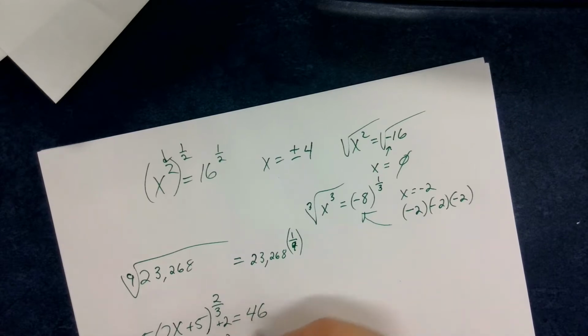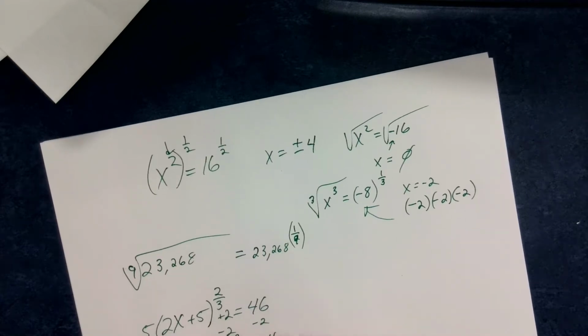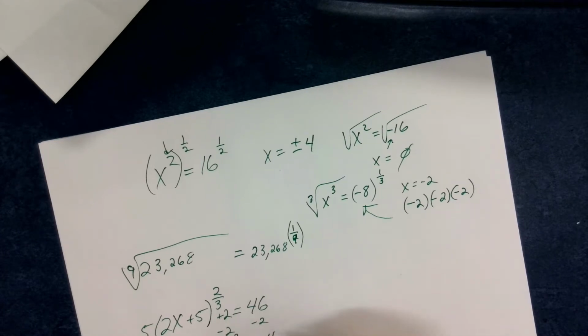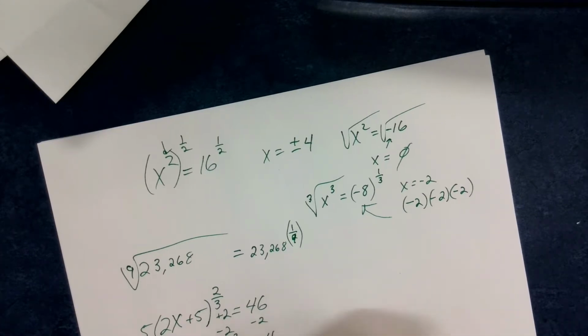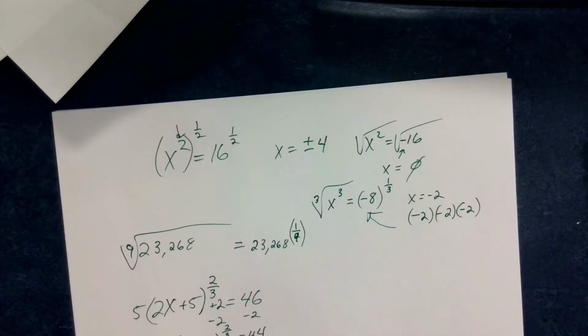We'd have to minus 2 first, and get 5 times (2x plus 5) to the 2/3 equals 44. Then divide by 5 and get (2x plus 5) to the 2/3 equals, what is that, about 8.8. And then you'd have to raise both sides to the 3/2, and you get 2x plus 5 equals whatever that is.